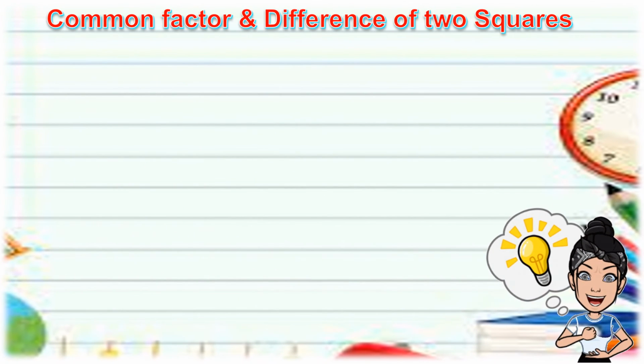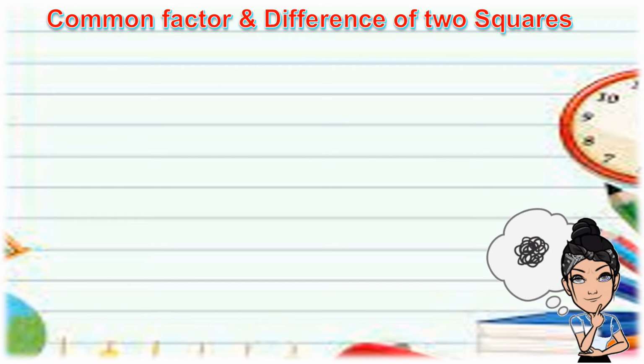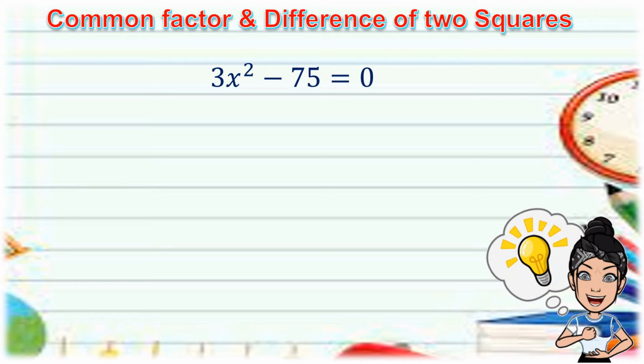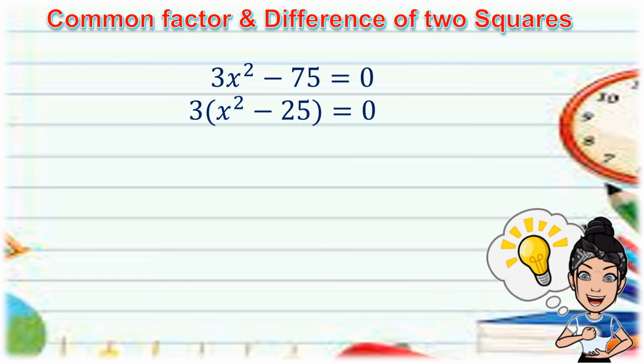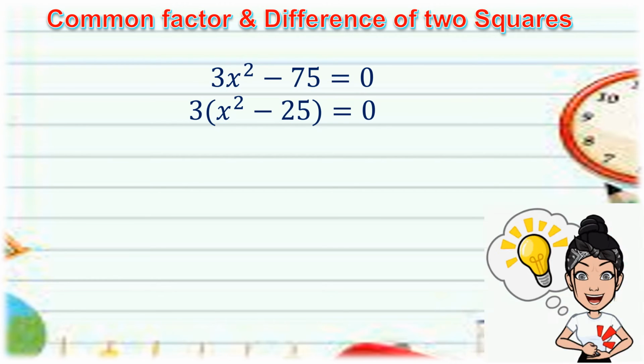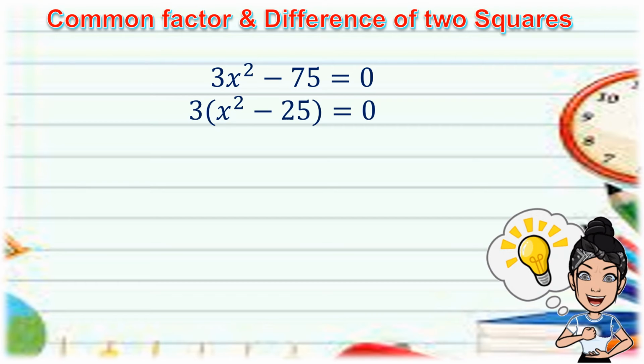Now let us have the common factor and difference of two squares. So it is a combination of 2. If we have 3x squared minus 75 is equal to 0, first we are going to factor it out with their common factor, which is 3. So we have 3 times x squared minus 25 is equal to 0. Then we are going to factor out x squared minus 25, which is a difference of two squares, which we have learned a while back.